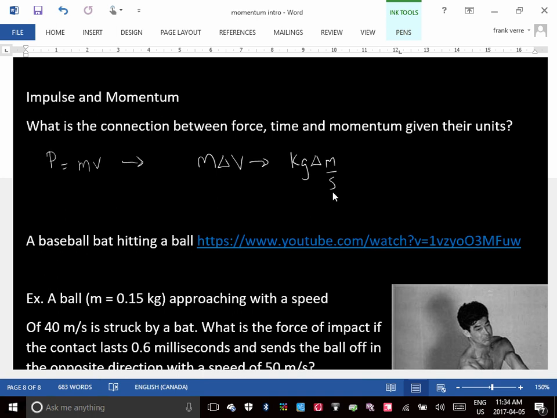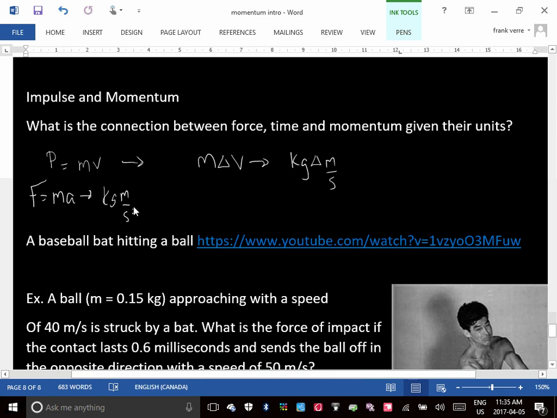Right? Now, if I look at the unit for force, force is ma. Correct? You know the unit for force is a Newton, but the Newton actually represents a kilogram meter per second squared.